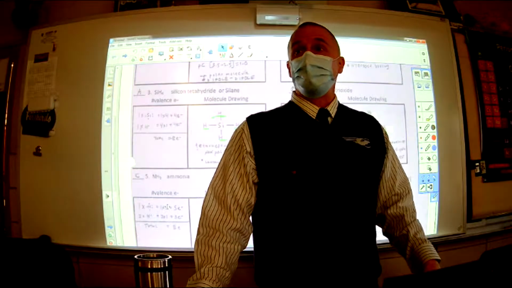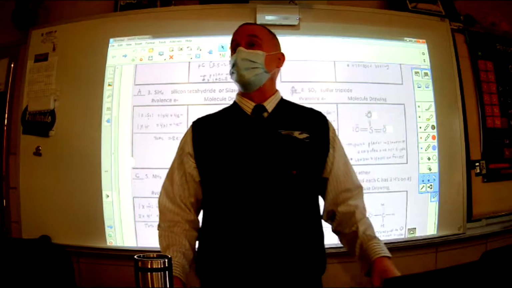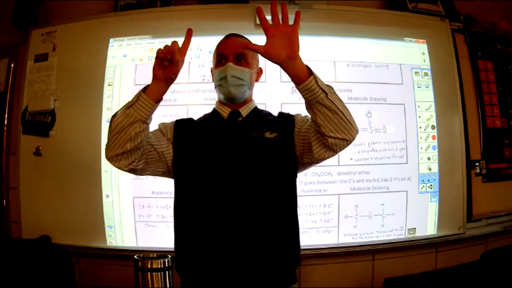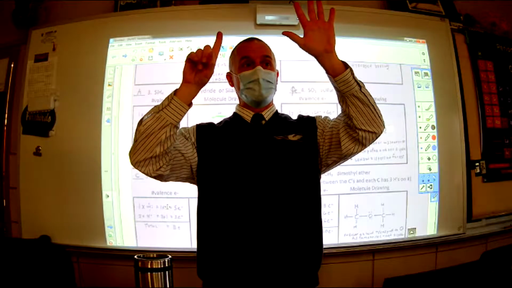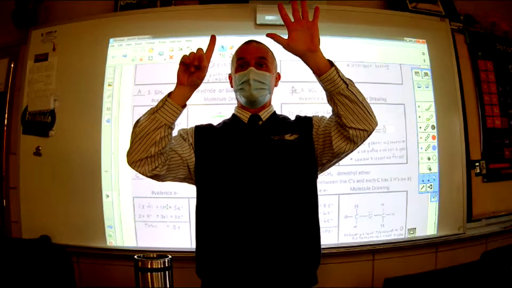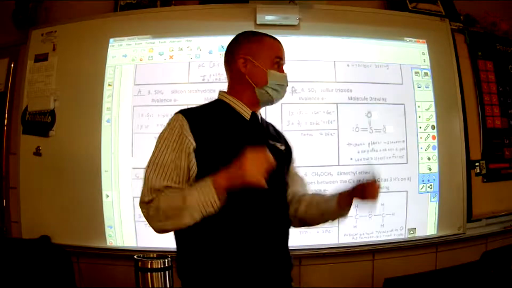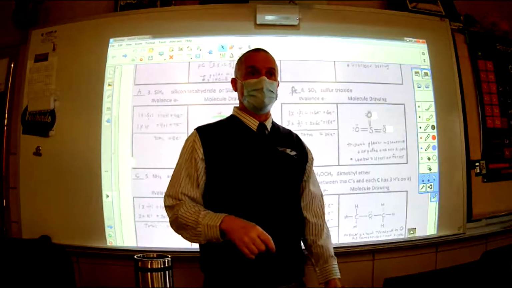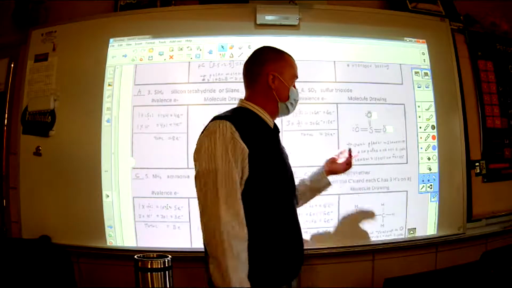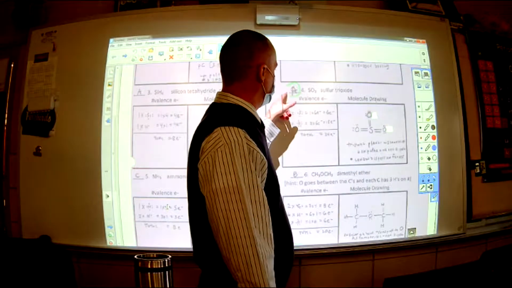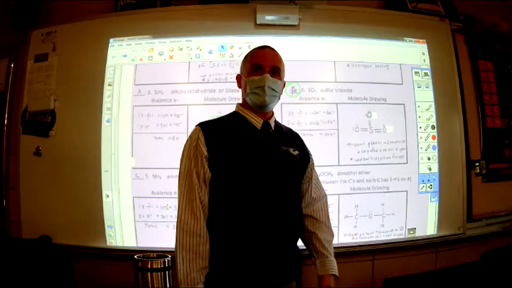Sulfur starts with 6. Oxygen prefers 2 bonds. How many oxygens are on there? 3. 3 times 2 is 6. There's going to be no lone pairs left on the sulfur. If ultimately they're looking to see what answer you put here, you could do it.